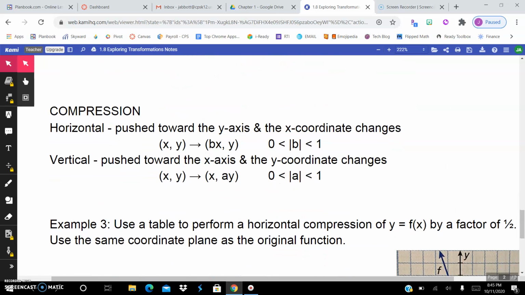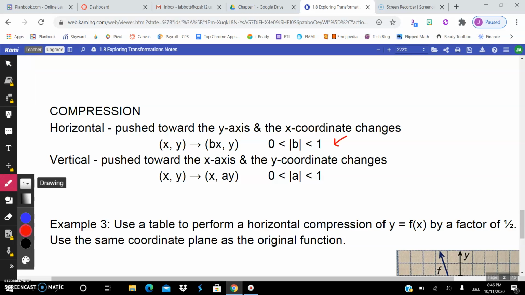It's going to stretch when we're using factors greater than 1. For a horizontal compression, we are going to change the x value. So we're going to multiply that factor by our x. And if you notice over here, my inequality looks a little bit different this time. This means that our factor is going to be between 0 and 1.